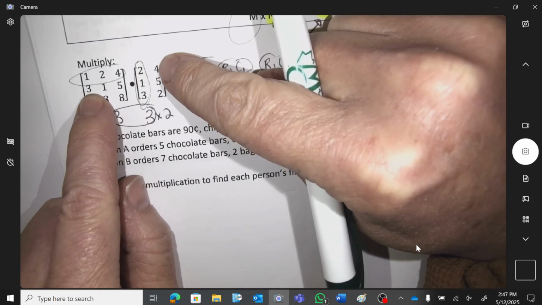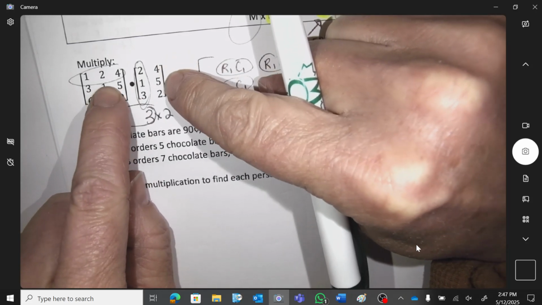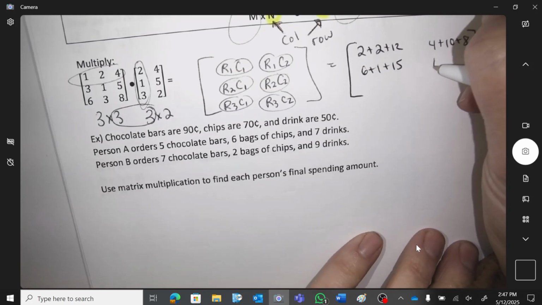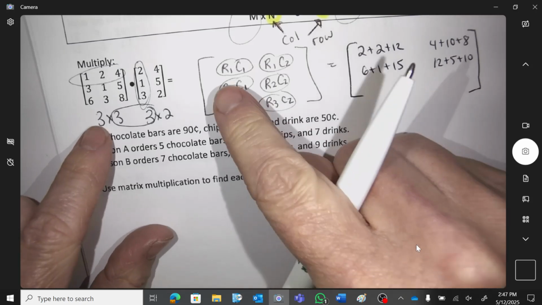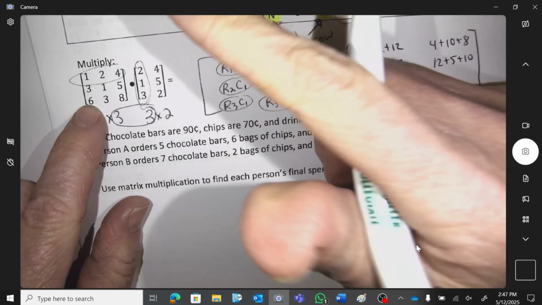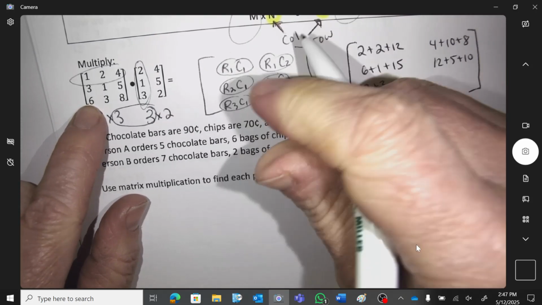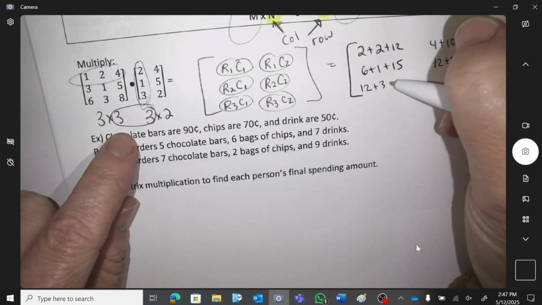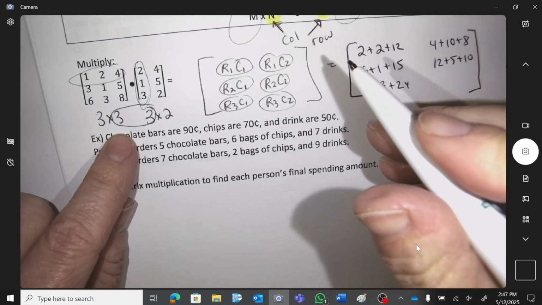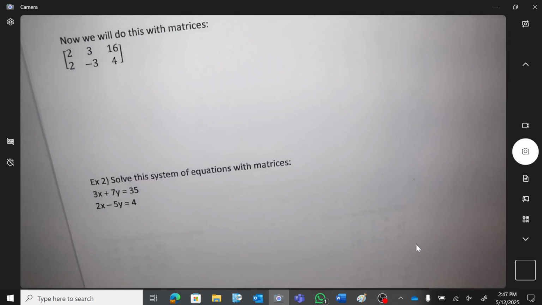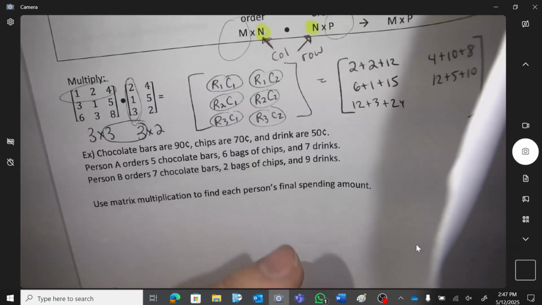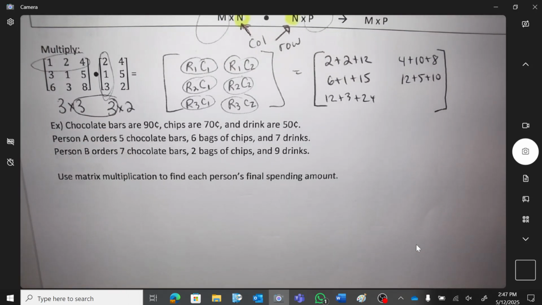Match. 12, 5, 10. Okay, the last two things are all up to you. And this is kind of it. So you got the general sense.